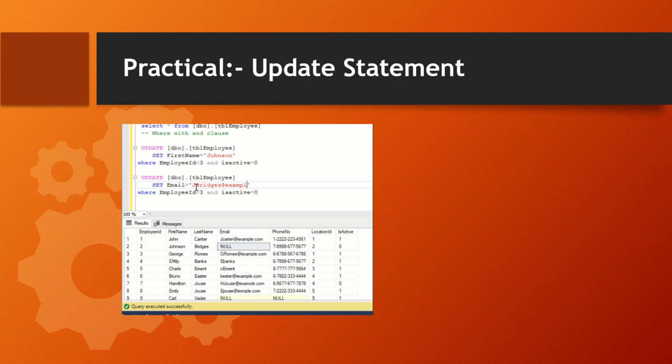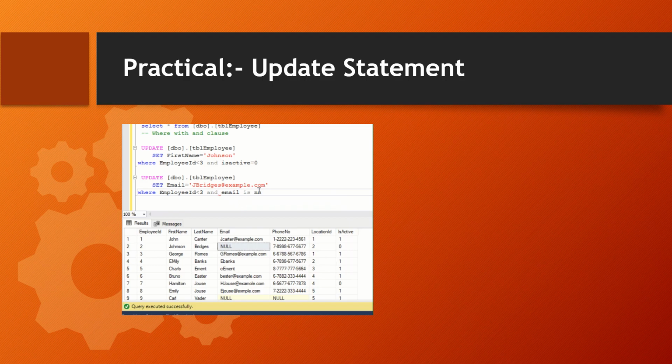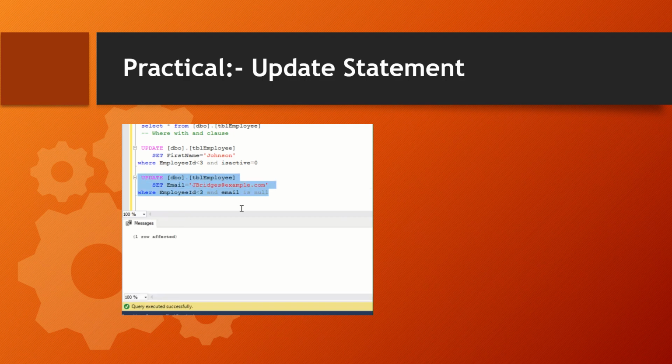How can I do that? By putting an is null check. See, this is the way: email ID is null. I can put it over here and what will it do?